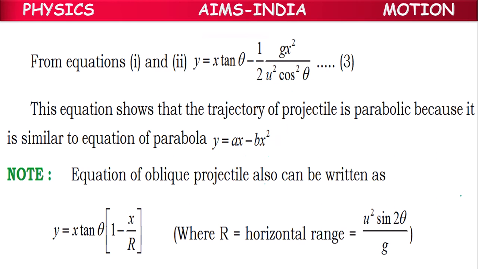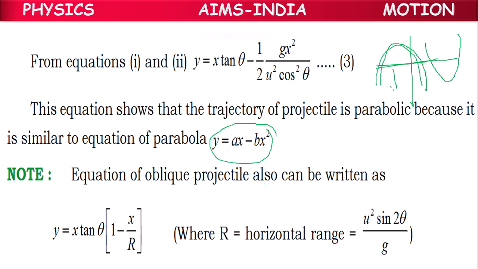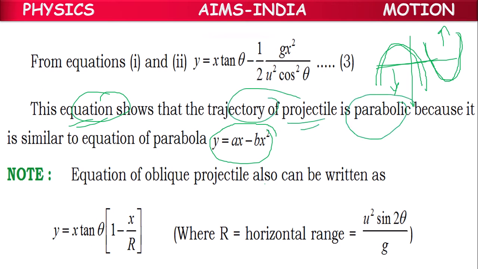A quadratic equation will be represented on the graph as a parabola curved downwards or a parabola curved upwards. So the trajectory of a projectile is also parabolic, because its equation is similar to the equation of a parabola.